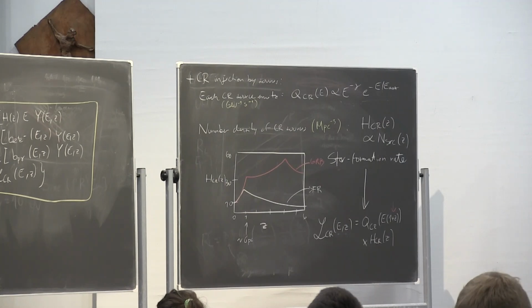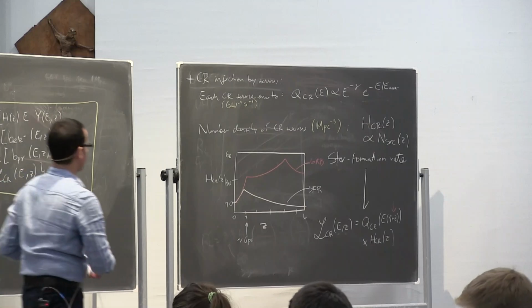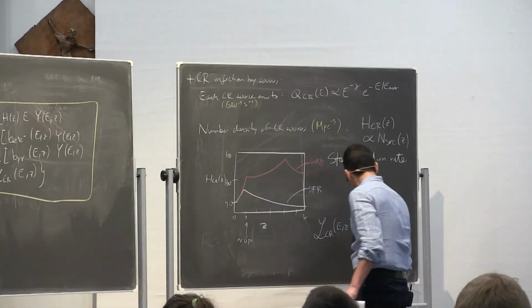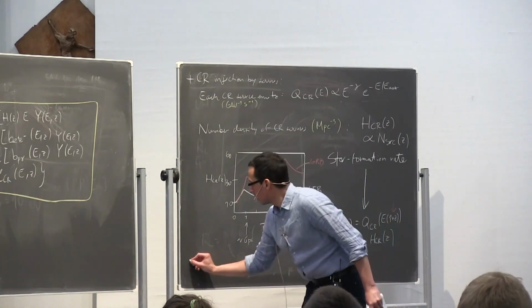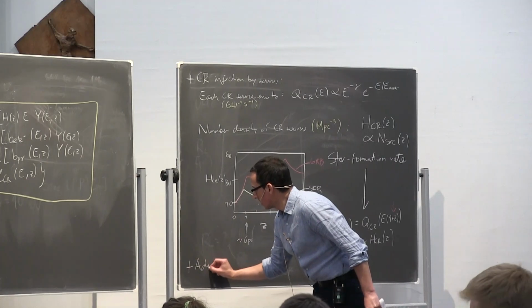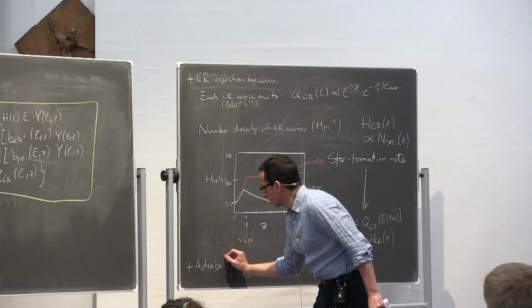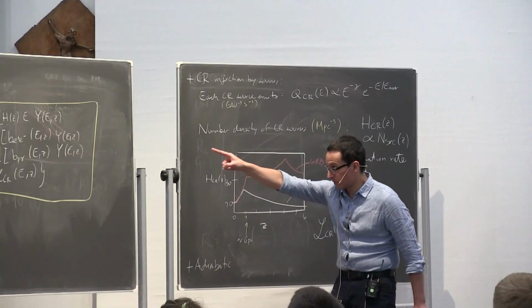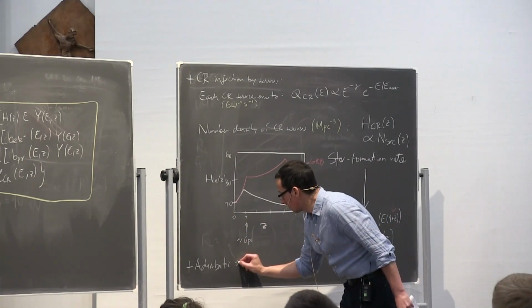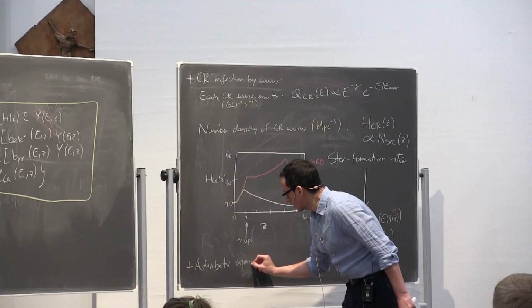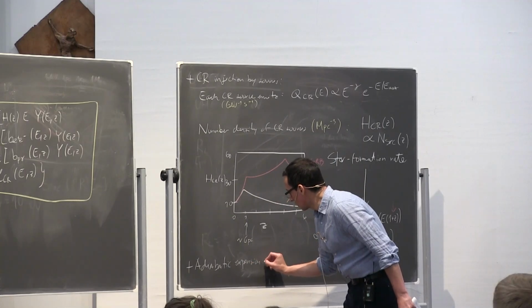And that leads me to the second part. Actually, let me write it here at the very bottom, because it will be just a small thing. The adiabatic cosmological expansion, that speaks to the first term there. And that is just an expression of what I said earlier.